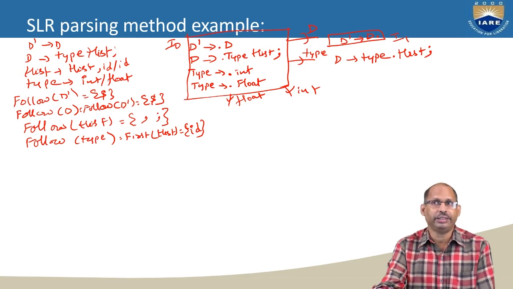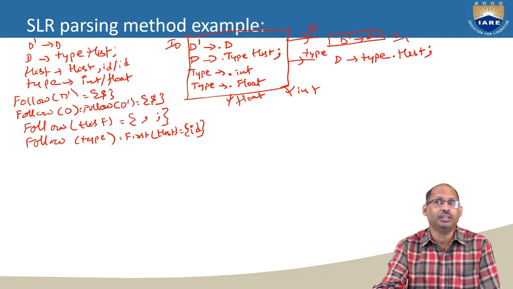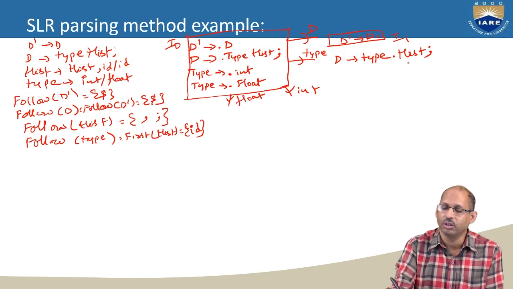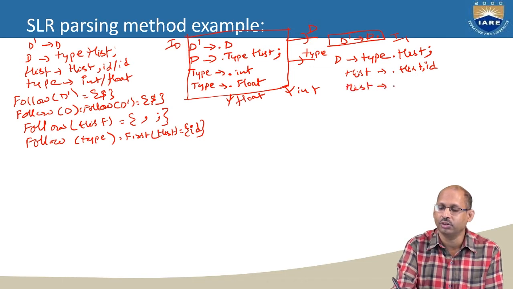Then dot list, dot followed by non-terminal, so its productions are included. Both productions we have to include. Dot list, so add list equal to dot list comma id, list gives dot id.